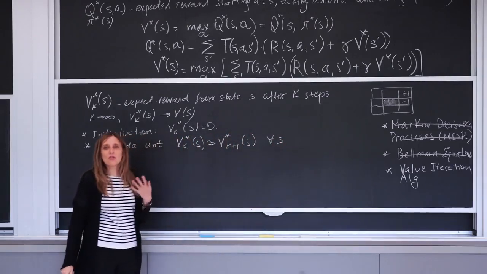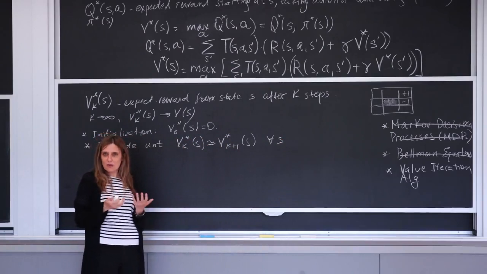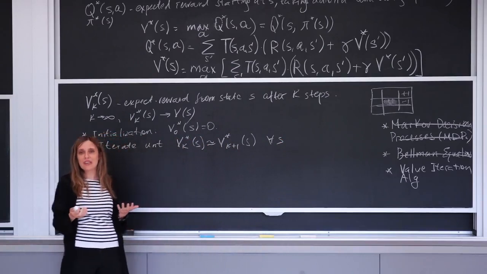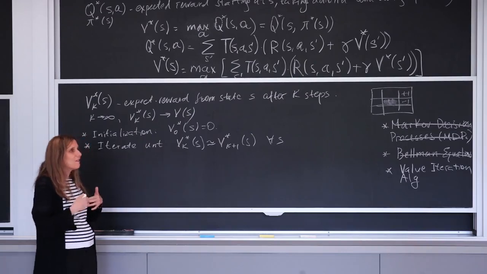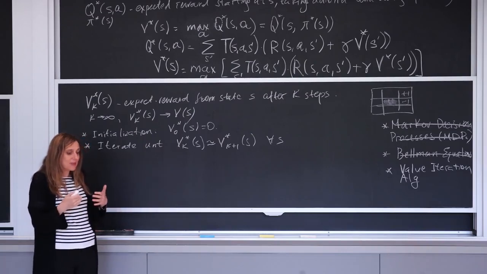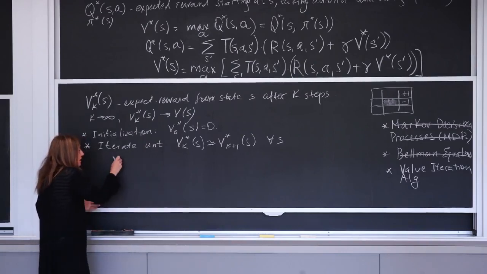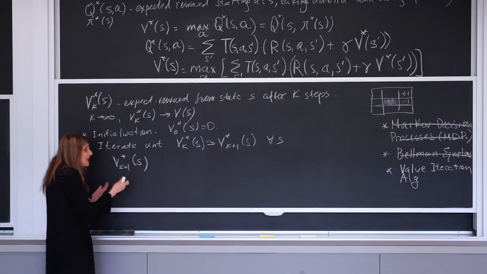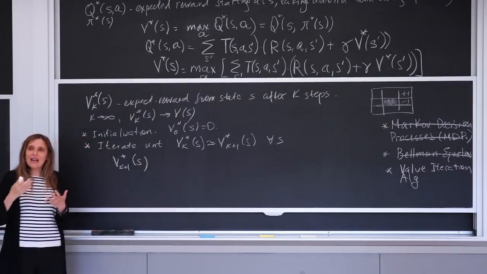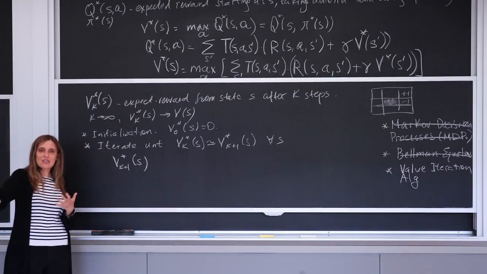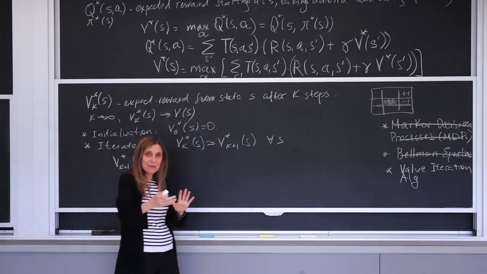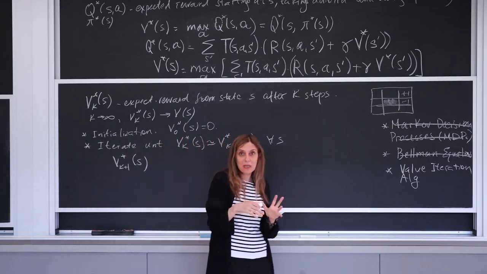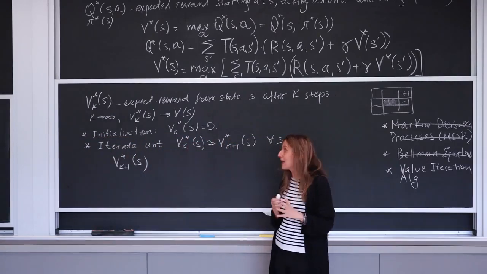So we will continue this process until the values of the states do not change after each iteration. And what we will do is define the value of our state at step k plus 1 in terms of the values of the states from the previous iteration. We computed the optimal values after k steps, and now we will aggregate this information to get the value for step k plus 1.